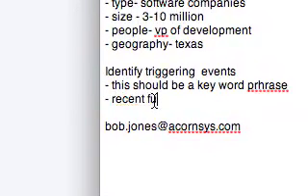Recent funding. This is not going to be the only reason why I would talk to them, but it would be something to talk about with them, and would certainly tell me that they are looking to spend money.